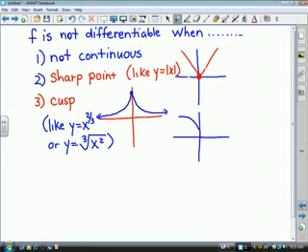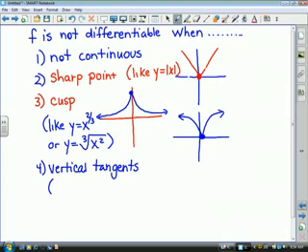I think that kind of looks like this. But there's a cusp here and here. So you look for where it is not continuous. You look for sharp points. You look for a cusp. And then the fourth and final thing you look for are vertical tangents. I already showed you cube root of x, which has that.